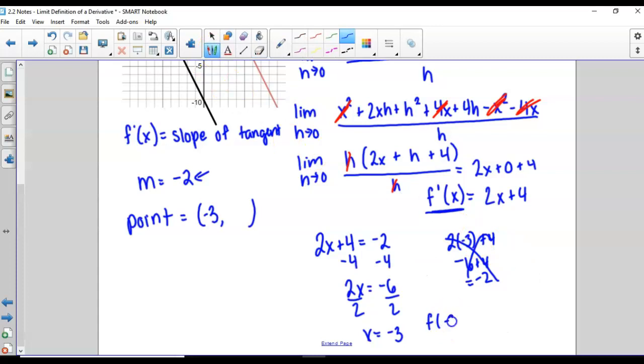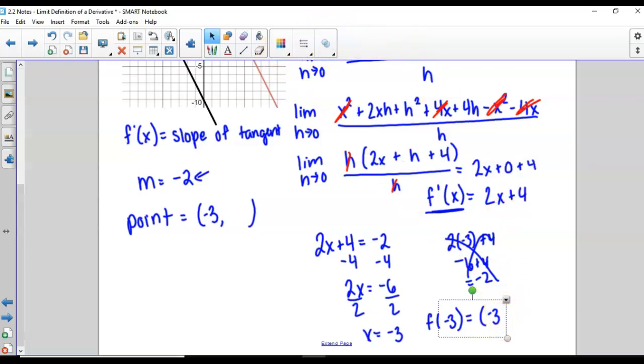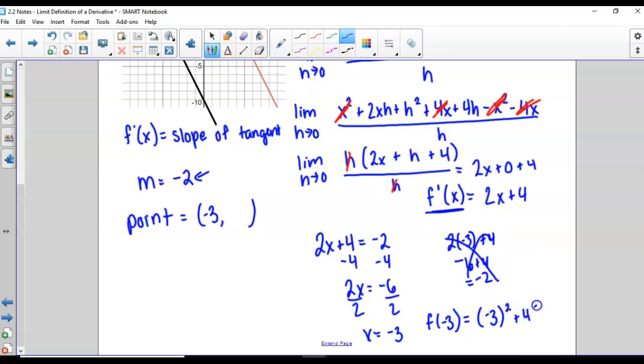Okay, f of negative 3 will be negative 3 squared plus 4 times negative 3. So that's going to give us 9 minus 12, which will give us negative 3. So our y-coordinate of the point is negative 3.